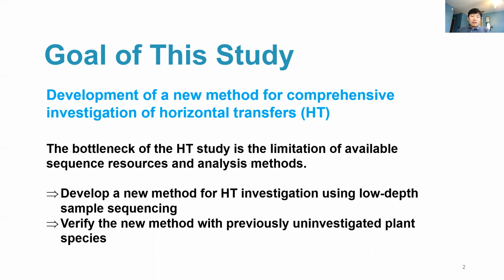The two major bottlenecks of horizontal transfer study in plants are the limitation of available sequence resources and analysis methods. To solve these bottlenecks, I tried to develop a new analysis method for horizontal transfer investigation using low-depth NGS sequences. In this study, I successfully developed the new method and could verify it with previously uncharacterized plant species.